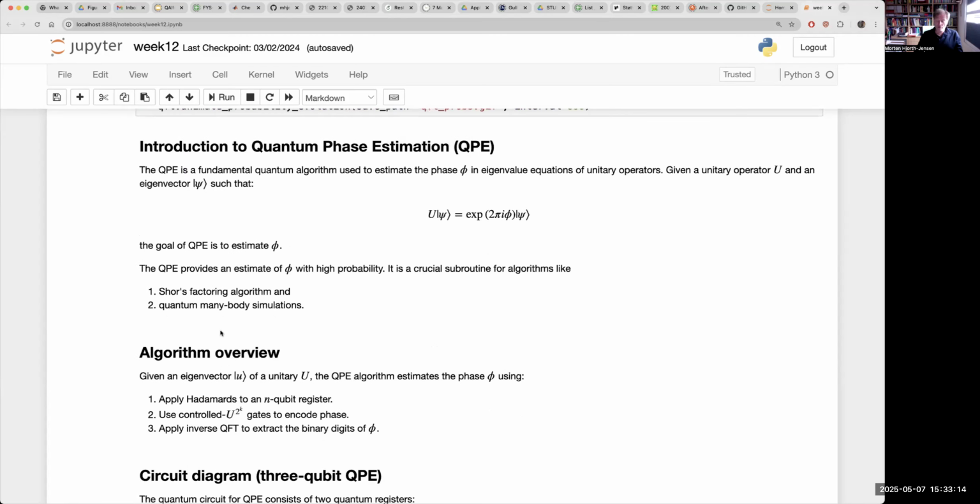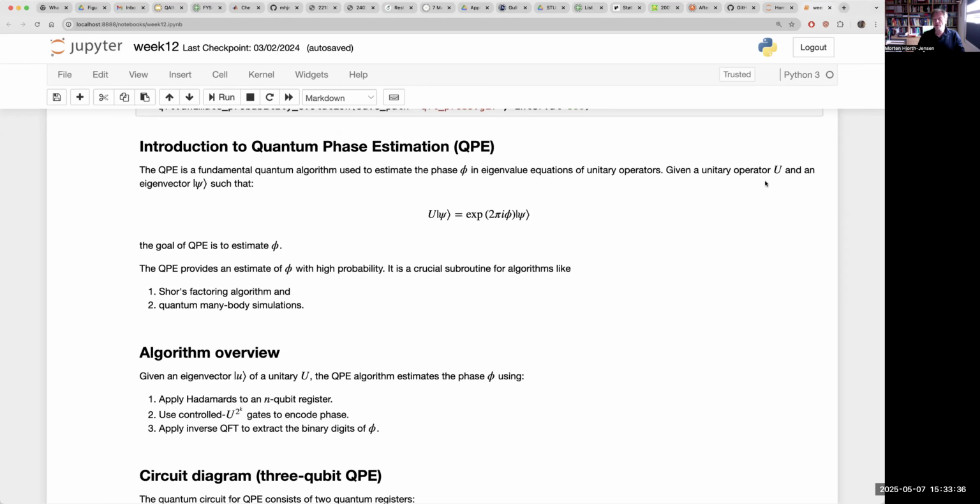So what I wanted to switch over to now is something which is called the quantum phase estimation algorithm, because that makes use of the Fourier transform, the quantum Fourier transform. So the quantum phase estimation is actually a fundamental algorithm, and it's used to estimate the phase in eigenvalue equations of unitary operators.